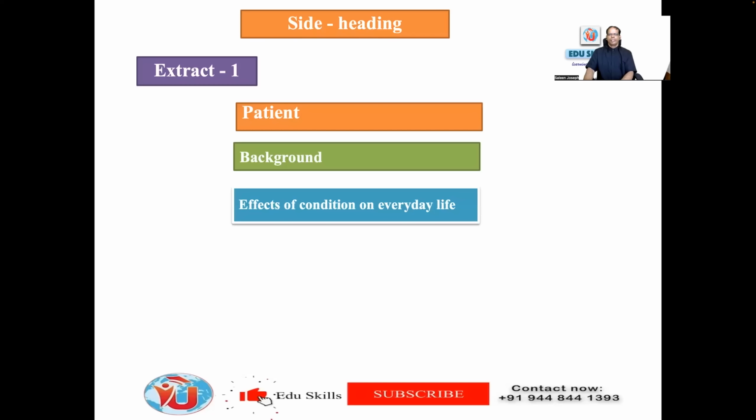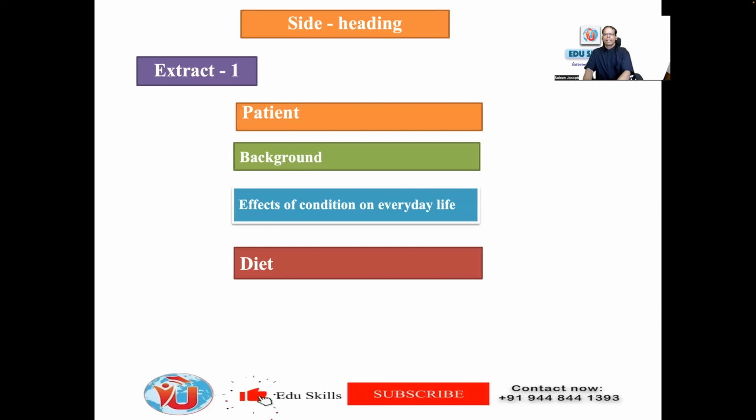Okay. Now, one concern was that you are not able to read the whole thing. First of all, in the 30 seconds golden minutes, what you have to read is the side headings in the question booklet. You have seen side headings, right? What are the dark headings given there? For example, here in extract 1, you have background, effects of condition on everyday life, diet, all those things.